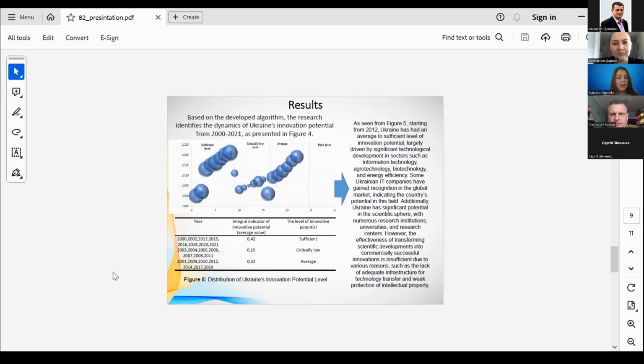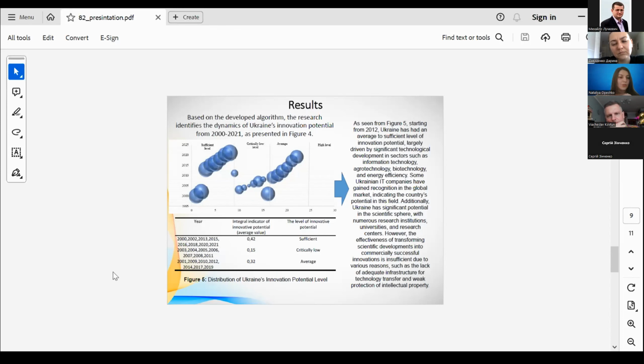For this, we analyze different literature resources, and afterwards, in order to eliminate from the analysis indicators which have high correlation between each other, we created a correlation matrix, which allows us to remove indicators which have high correlation between each other. And if the correlation factor is more than 30%, we just remove it.